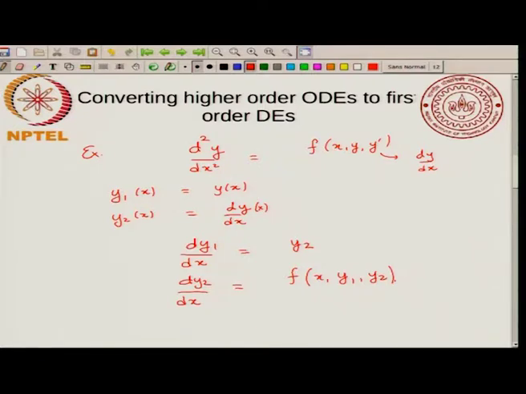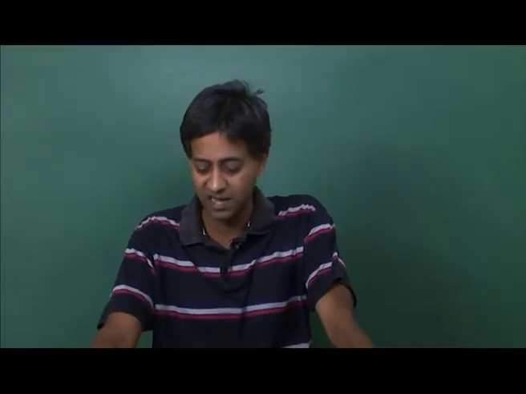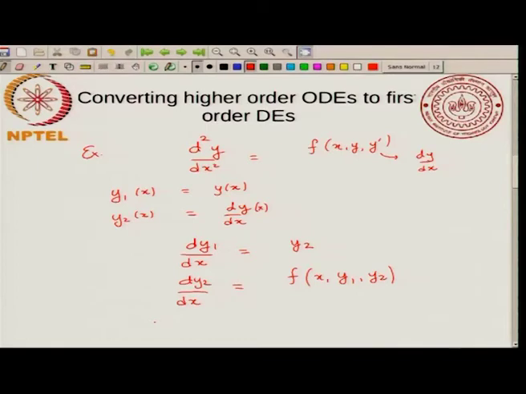Okay. So, what I did is I converted my second order differential equation to two first order differential equations. You can imagine that x is the independent variable, and y1 and y2 are two dependent variables, and this has exactly the form that we had earlier.